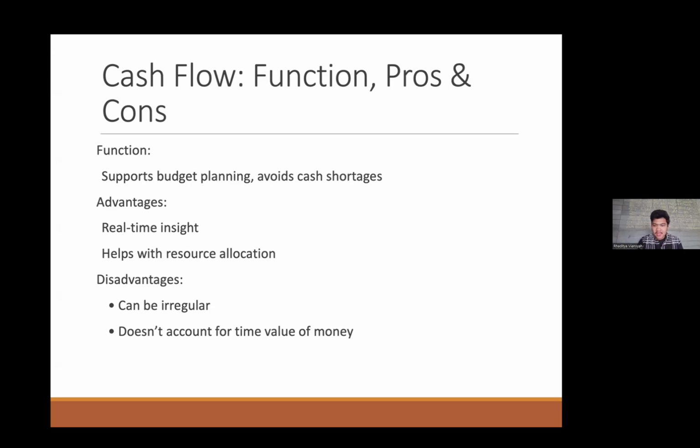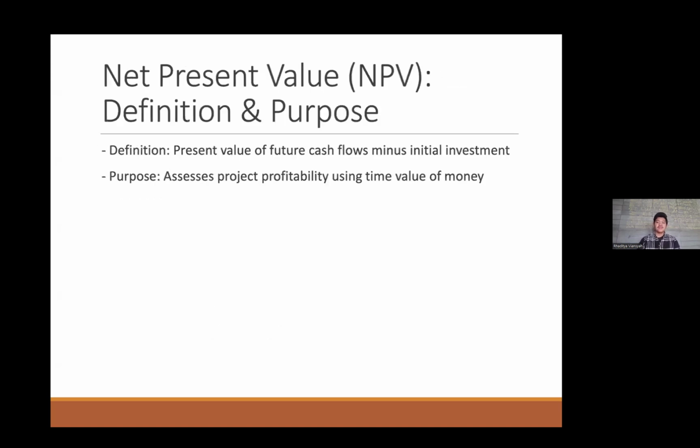Okay, next one, the net present value. What is it? The net present value is the present value of future cash flows minus the initial investment. What is it for? This is to assess the project profitability using the time value of money.